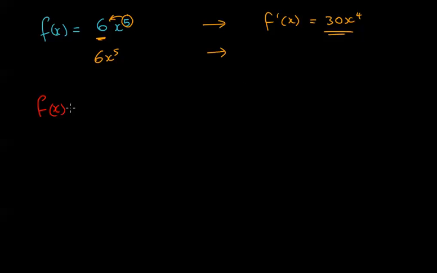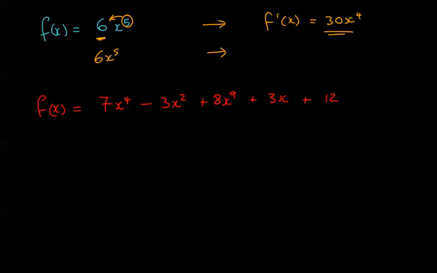Right, let's look at some more. F of x equals, let's go over the top, 7x to the power of 4, take away 3x squared, plus 8x to the power of 9, plus 3x plus 12.